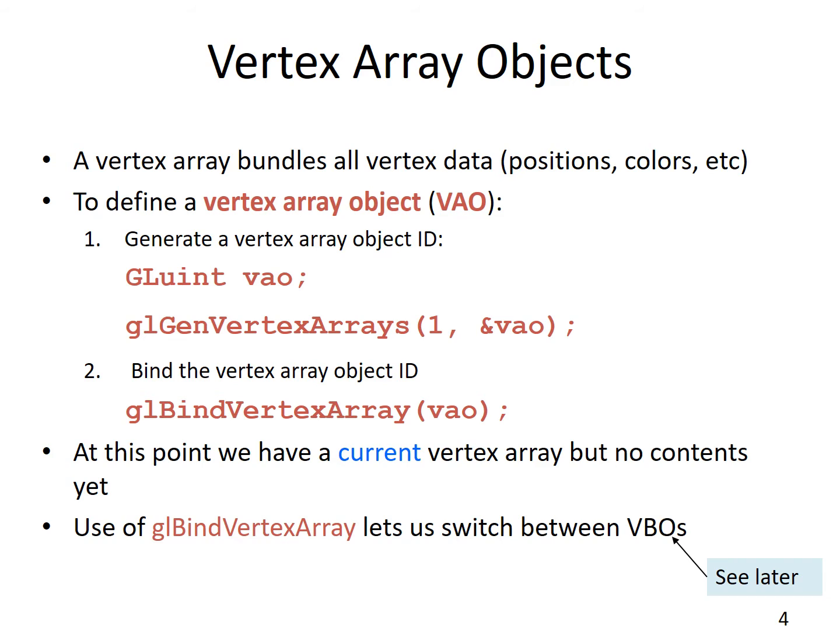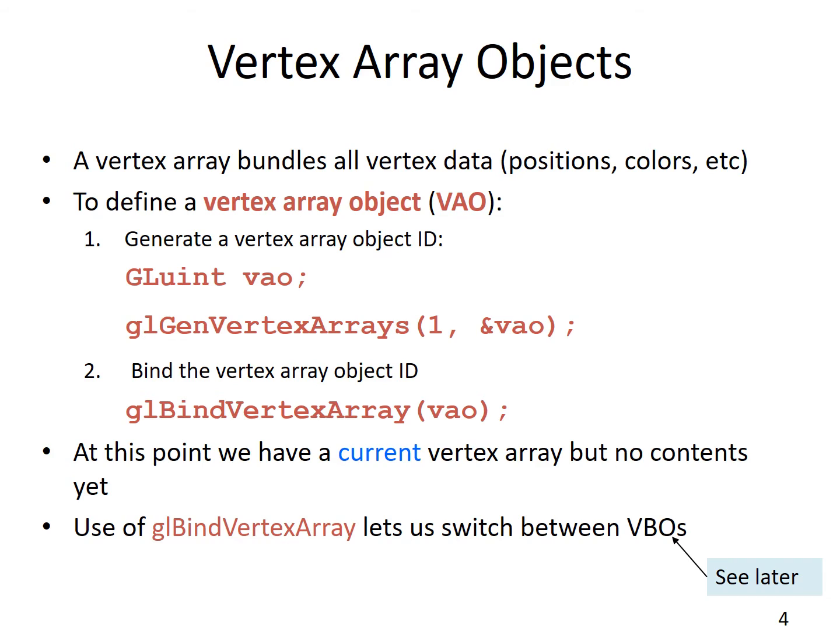A bit of recap on vertex array objects. Basically, a vertex array can bundle all vertex data, including positions, colors, textures, and so on. To define a vertex array object, we have studied this before, we need an identifier which is of type GLuint, and then we generate the vertex array using the glGenVertexArrays command, and finally we bind the vertex array.